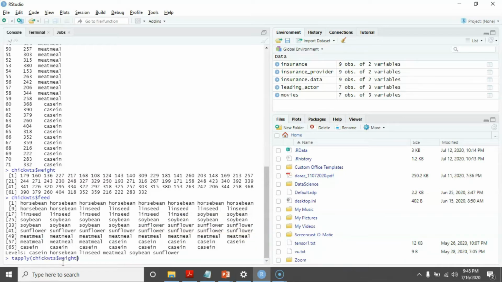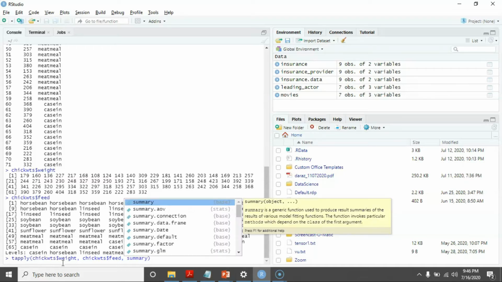Because we want to perform analysis between just two attributes, one is weight, the other is our feed, and we just want to perform summary. We want to summarize this data.